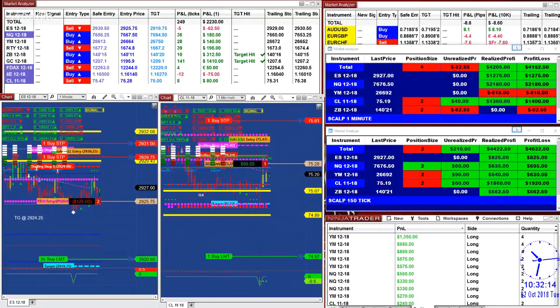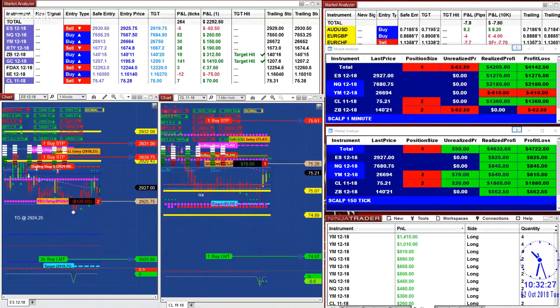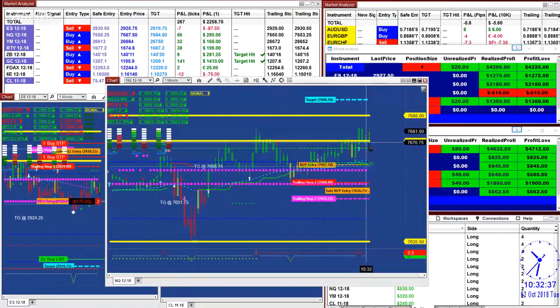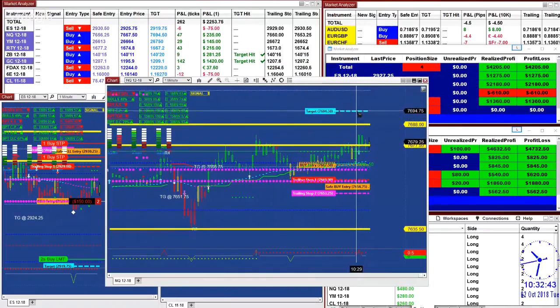We're still stuck on the ES. The resistance level is 29.27, and the Nasdaq. Let me see what happened to the Nasdaq. This is the one we called, and it seems insistent on getting this target.